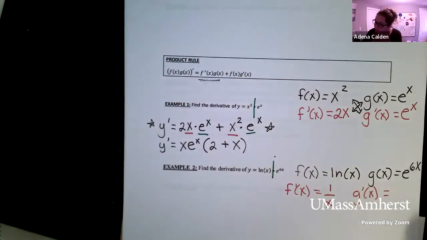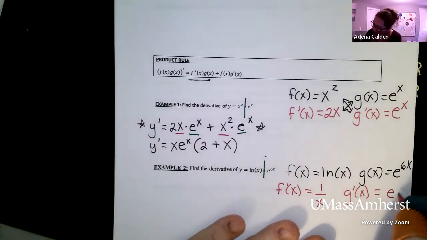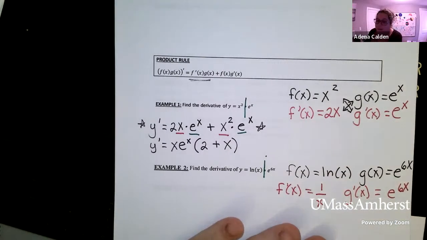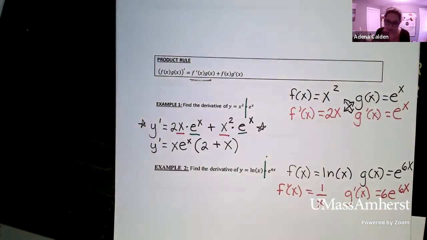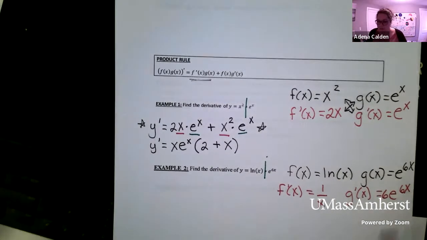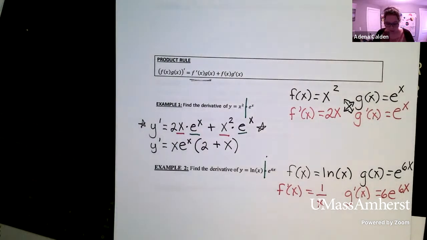And the derivative of e to the 6x is e to the 6x, but then a 6 comes out from that constant up in the power. So I'm going to put it in the front. You might have put it on the other side. That doesn't matter which side it's on, but it does have to multiply the function. Okay, so now we need to put all of these things back together to find our derivative.